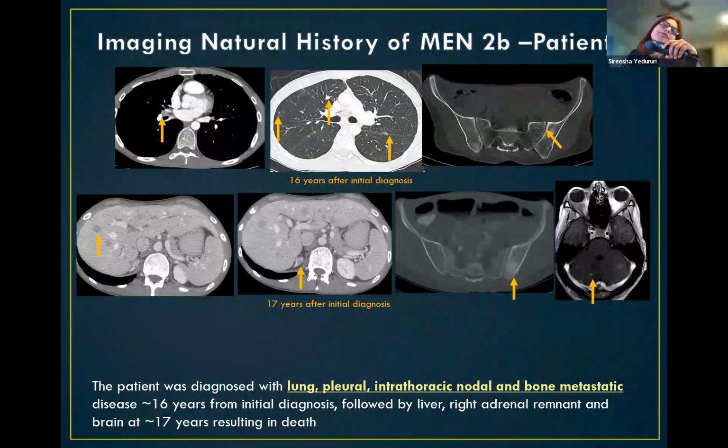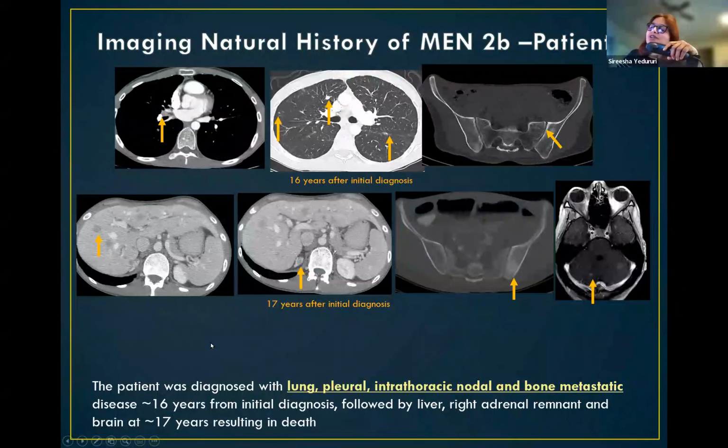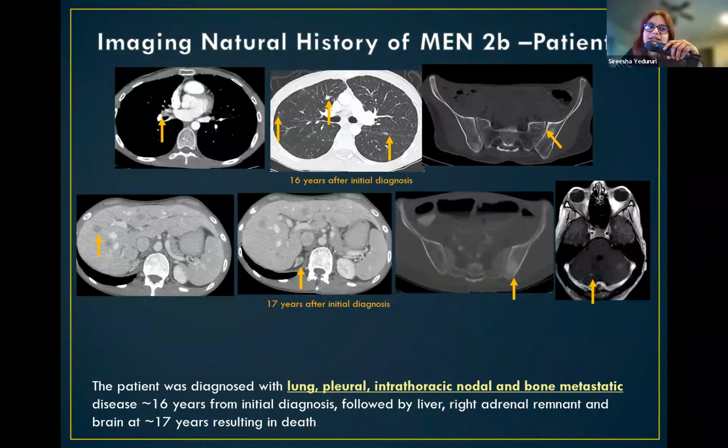As I've lectured in my previous lecture also, once the lung metastasis starts spreading everywhere, that is usually a subterminal event. So this patient has widespread dissemination to every other part, and around 17 years after diagnosis, he died.